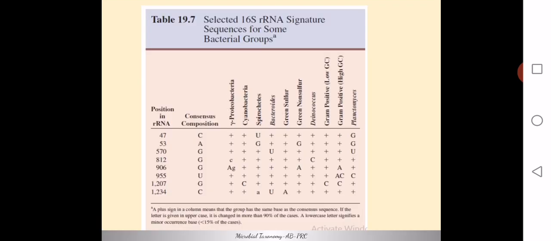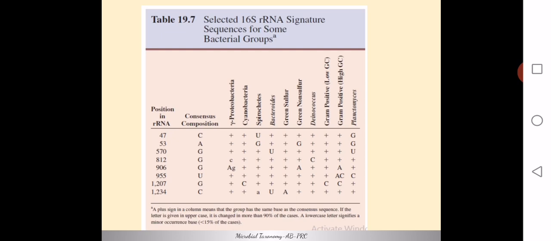So here you can see a kind of table of signature sequences. You can see positions in the rRNA at 47, 53, 570, 812, 906, etc. So these are certain positions which are highly conserved. Right, and the consensus sequence is also given. This is the conserved sequence in the ancestor. And in certain groups of organisms there is a change. The plus indicates the same base is there.